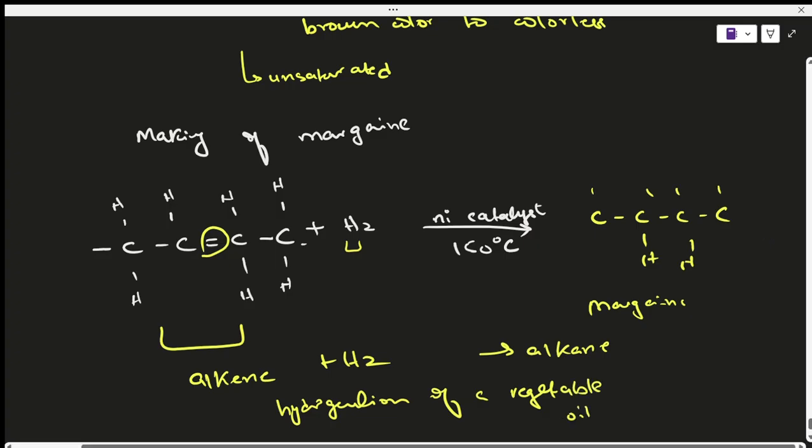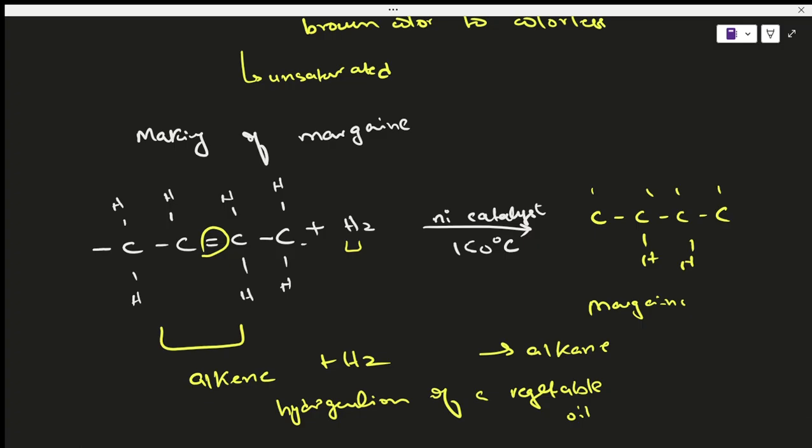But one more important thing here, this is basically just for knowledge, is that when this reaction happens, not all of the vegetable molecules are converted into margarine molecules. And because of that, there is something which is also produced, trans fat. Now trans fats are actually responsible for heart diseases. So even though hydrogenation takes place, let's say if we were converting 100 vegetable molecules into margarine molecules, not all of it is going to convert.